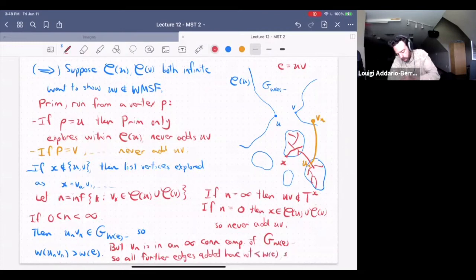And so E is not in TX again. So no matter where we start the exploration, Prim's algorithm will not add the edge UV, and that's precisely what we wanted to show, right? The wired MSF is just the union of all these trees built by Prim's algorithm, and we showed that when these components are both infinite, then the edge between them will not be added.